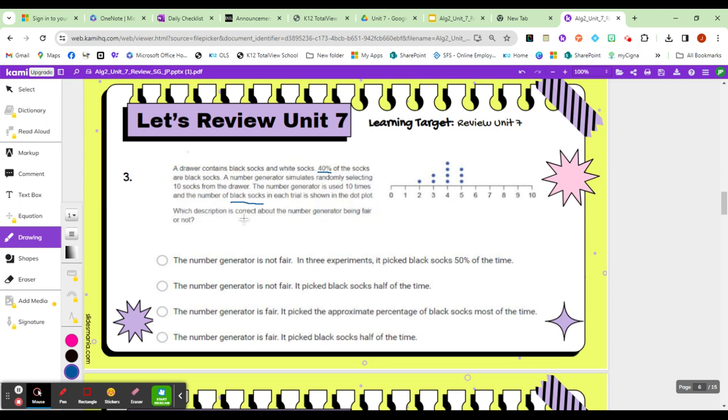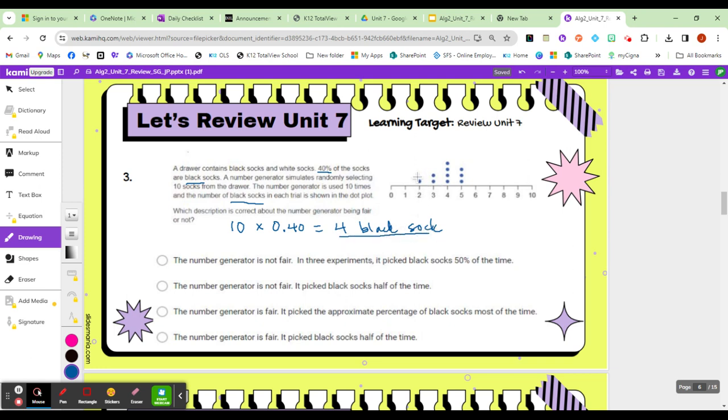So it says which description is correct based on the generator. So if we pulled out 10 socks, it says 40% of them should be black. So if I take 10 and I multiply it times the decimal for 40%, I get 4 black socks. So what should happen is most of the time, according to the percentage here, we should be getting 4 black socks.